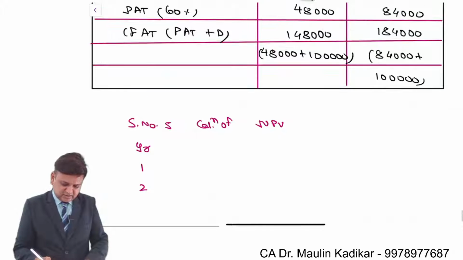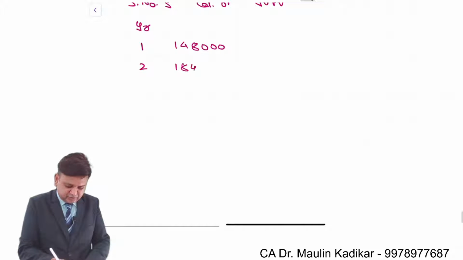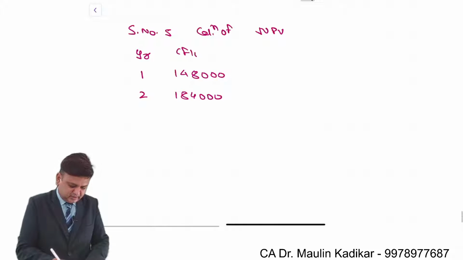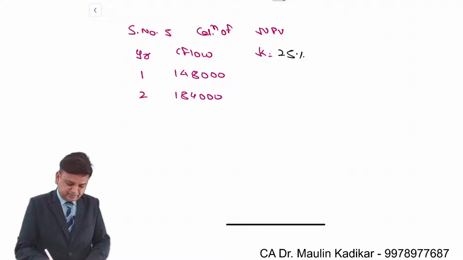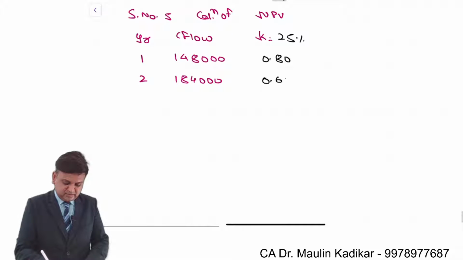First year and second year: 1,48,000 and 1,84,000. There is no terminal cash flow, so we are ignoring it. Discounting at the rate of 25%. First year factor is 80 paise. Second year factor is 64 paise.